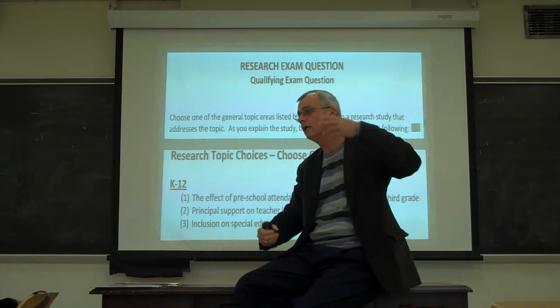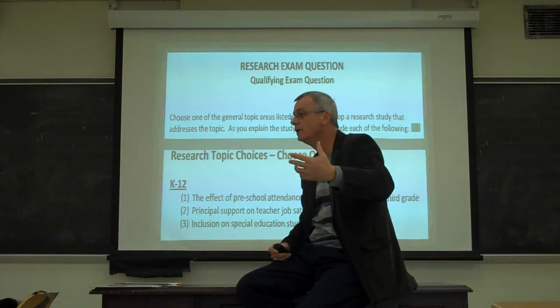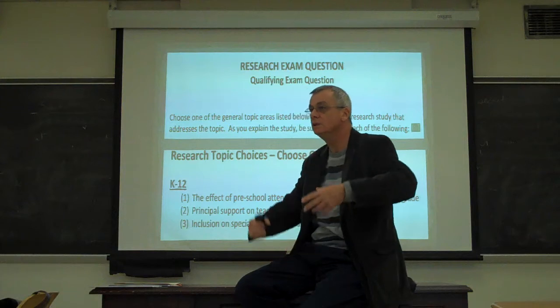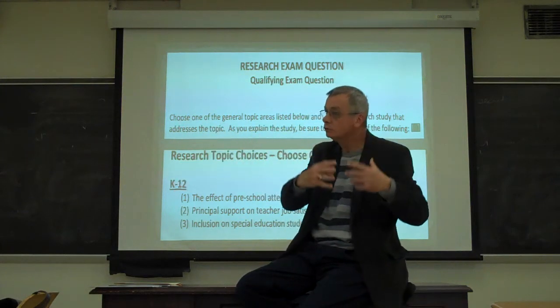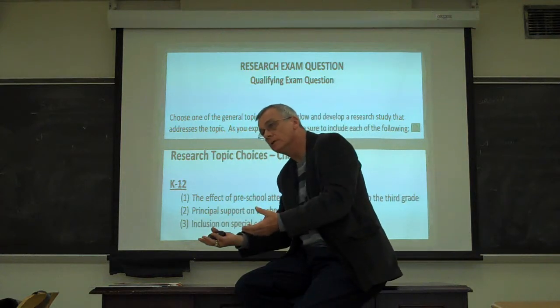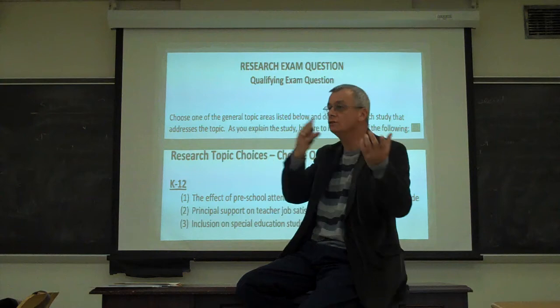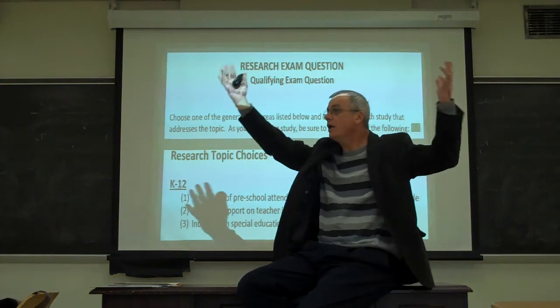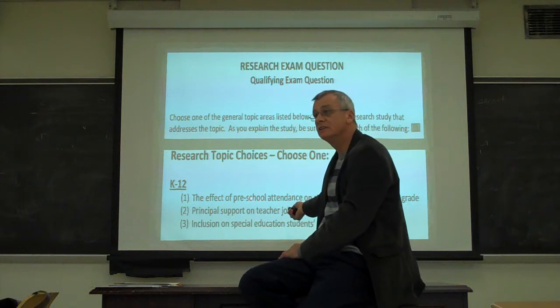There's research out there on both sides that says preschool attendance does have an impact on students' performance as they move through elementary school. Kids who go to preschool have a better shot at doing better by the time they're in 3rd grade than others. There's research to support that, there's research not to support that. So that's the bigger overall problem as you start to focus in on this specific topic.